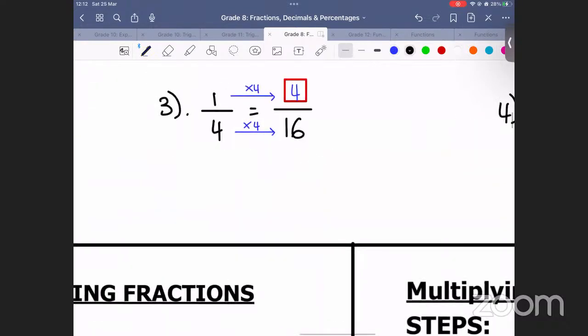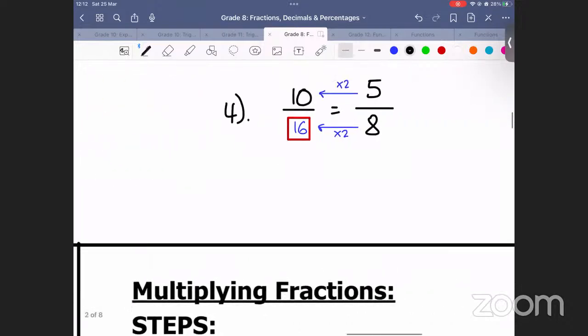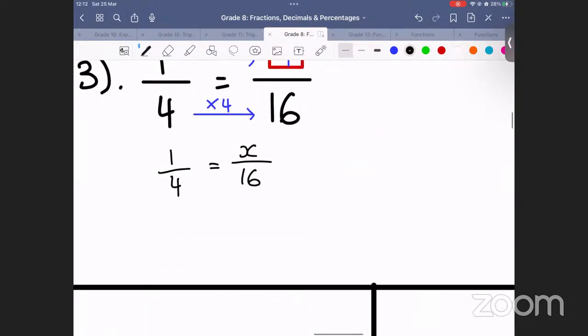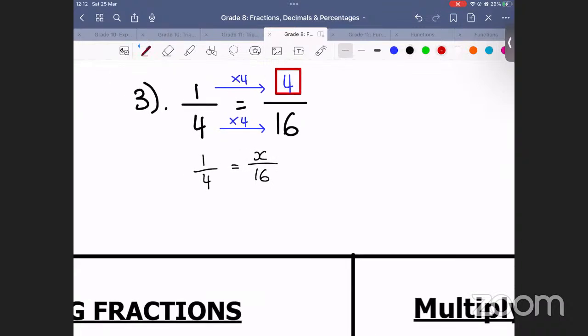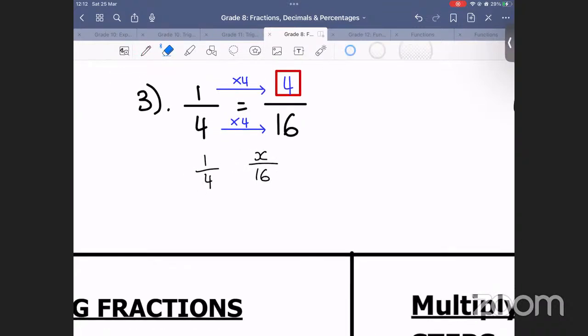There's one more way of solving these, and it's probably a bit more efficient, especially when the numbers become more difficult. I'm going to express my unknown as x over 16, and similarly here, I'm going to say 10/x, the unknown, is equal to 5/8. When you have two fractions equal to each other, you can do what we call cross multiplication. You multiply 1 and 16, and 4 and x.